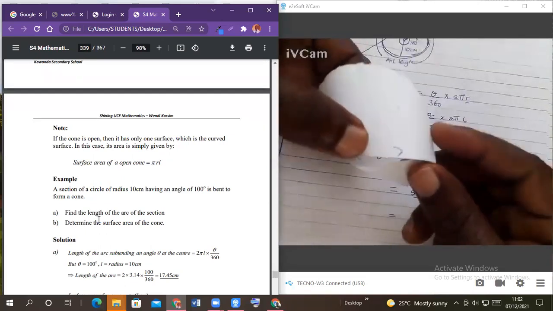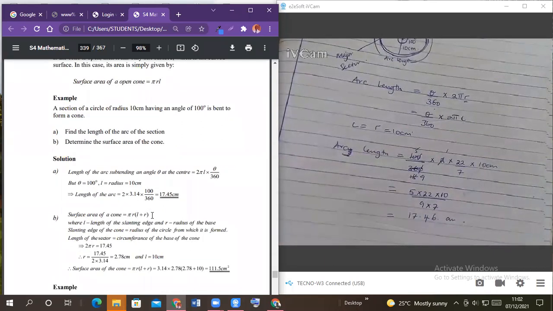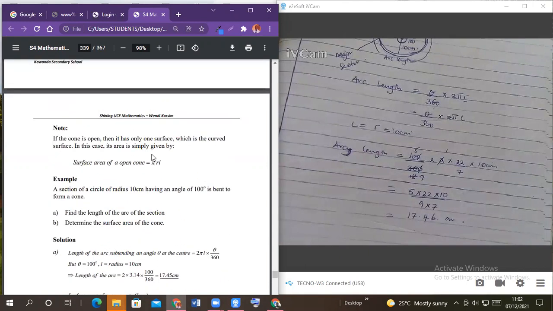So how do I get the area of the curved surface? The area of the curved surface of an open cone, I told you, is given by pi r L. That's the formula of the curved surface. So if the cone is not covered, a section of this is bent to form a cone.